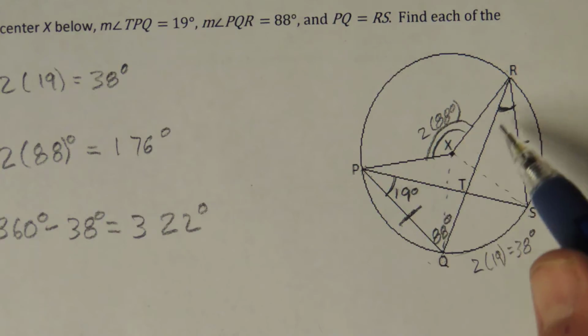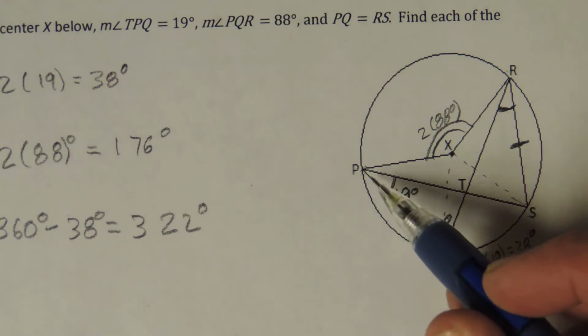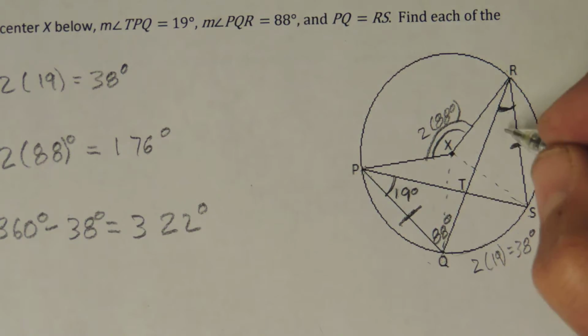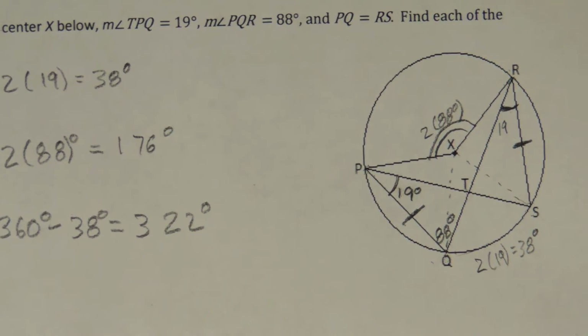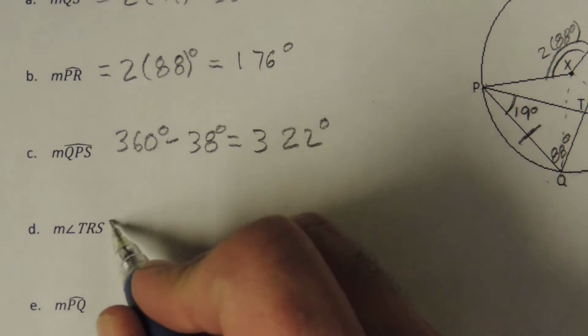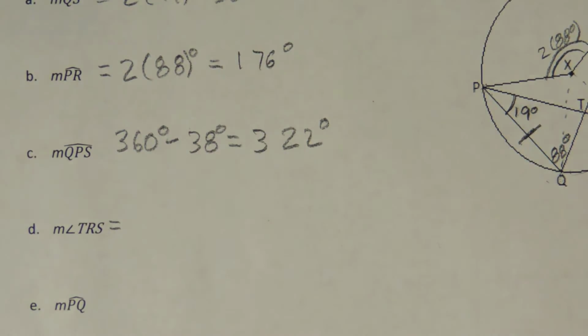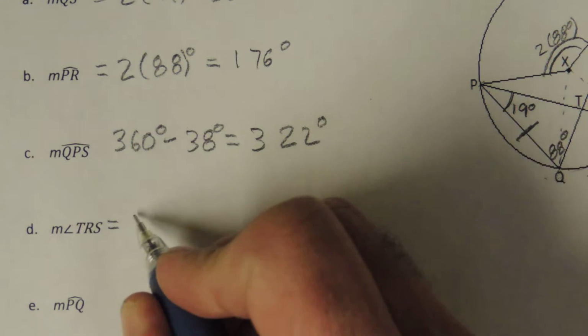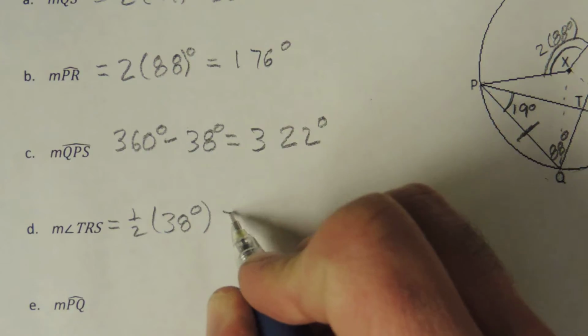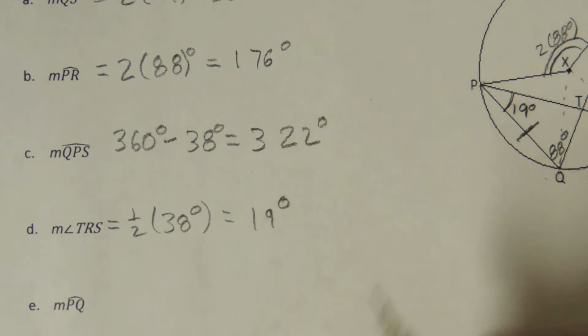Or you might have noticed that it's an inscribed angle for the same arc as angle TPQ, so this one is 19 degrees also. When I show my work, I'm going to say that the measure of that angle equals 1/2 times 38 degrees, which equals 19 degrees.